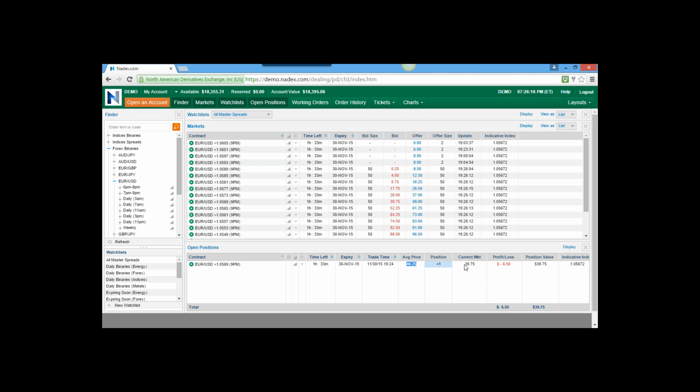Right now, I can get out of it for $39.75, and that'd be a $6 or $7 loss. That's how that price is calculated. If I buy it and want to get out of it immediately, the only way I can get out of it is the sell side. And this difference here is what's called the bid-ask spread. That's the spread difference between the buyers and the sellers right now.